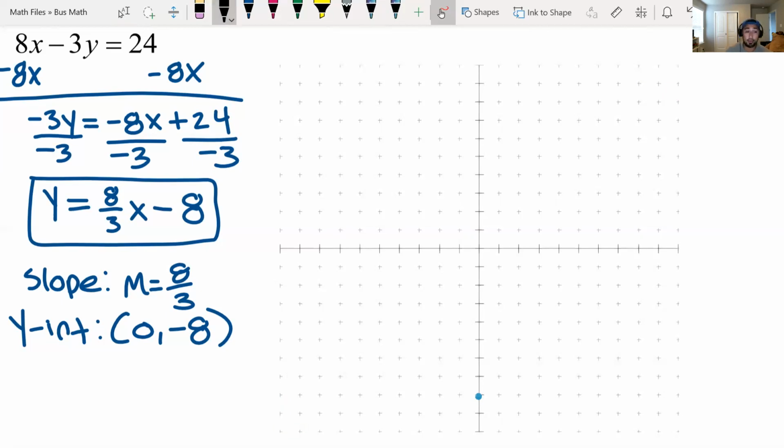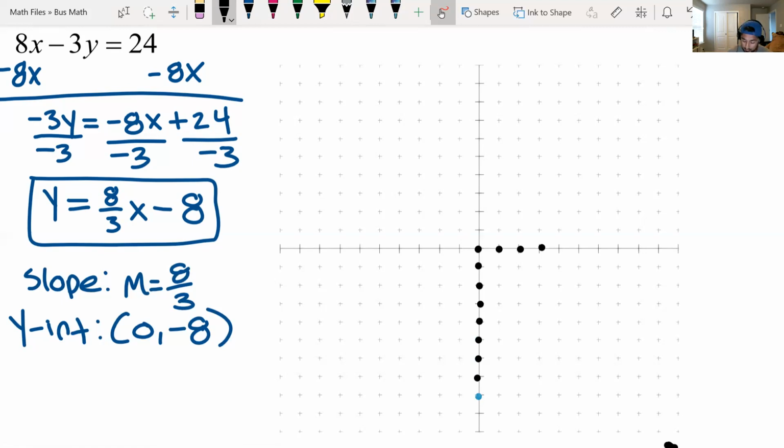Which means that using my slope, from my y-intercept, we are going to go up 8 places and to the right 3. So 1, 2, 3, 4, 5, 6, 7, 8, and then to the right 3: 1, 2, 3.